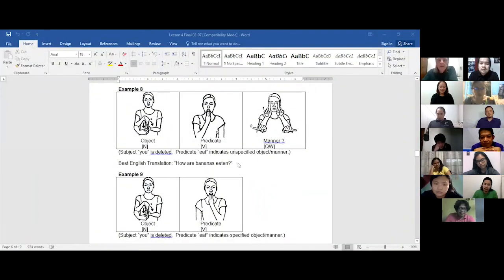So, the Vietnamese book says that the object is banana or mango. And that we're asking, how do you eat a banana? How do you eat a mango? How does a person eat a mango? The mango can't be the subject. So can you sign mango eat what?